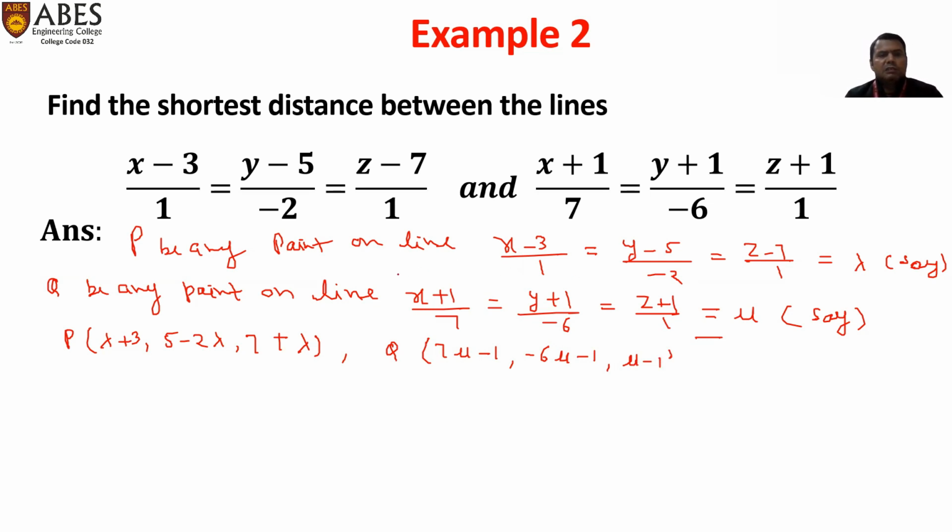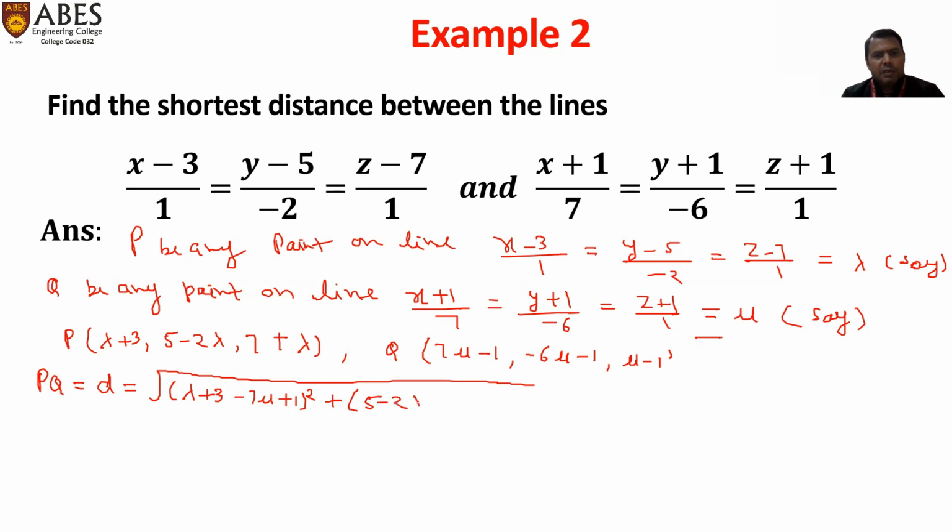Now, distance between two points P and Q, let us take D. So the distance between these two points P and Q becomes (lambda plus 3 minus 7 mu plus 1) whole square plus (5 minus 2 lambda plus 6 mu plus 1) whole square plus (7 plus lambda minus mu plus 1) whole square.